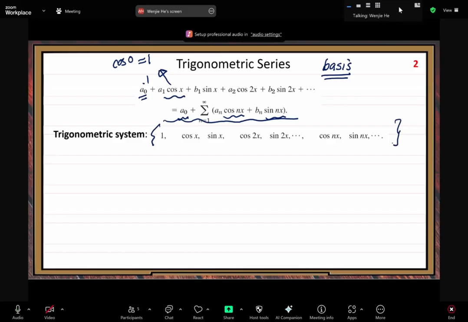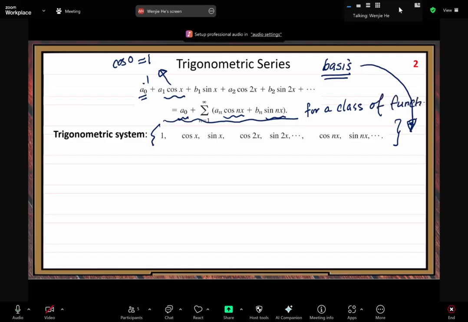And the functions in this system form a basis. Basis for what? Basis for a class of functions.